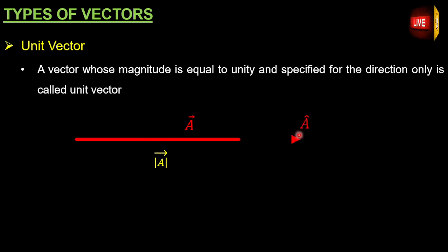It is denoted by a letter with a cap and is read as A cap or A hat. Now we can write the equation of vector A as the magnitude of vector A multiplied by the unit vector. Keep in mind, a unit vector has no units and is a dimensionless vector.